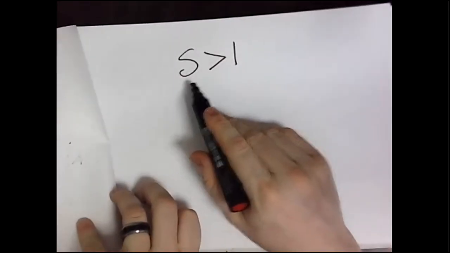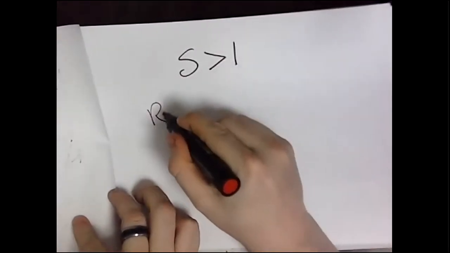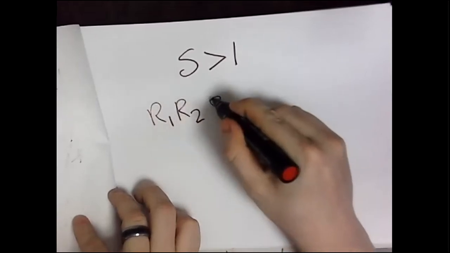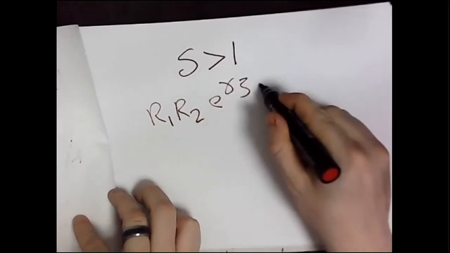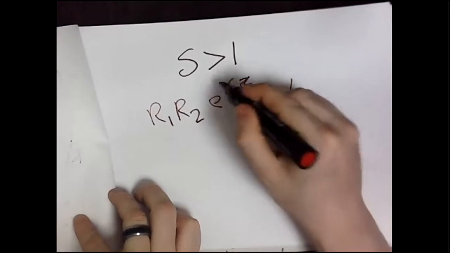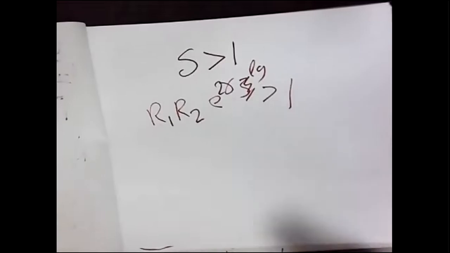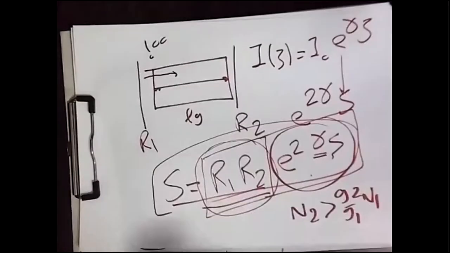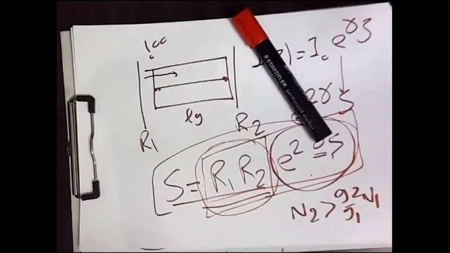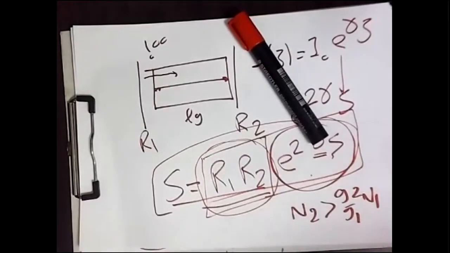So simply, if you set S to be greater than 1, I mean R1 R2 e to the power 2 gamma Lg to be greater than 1, then this will end up with a system that attributes gain to the intensity of the light. Let me now return back to the presentation slides, please.